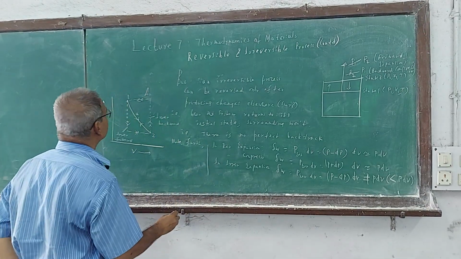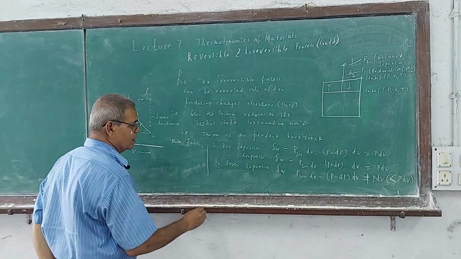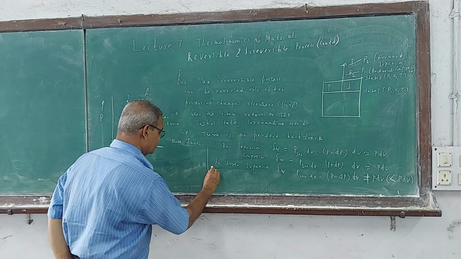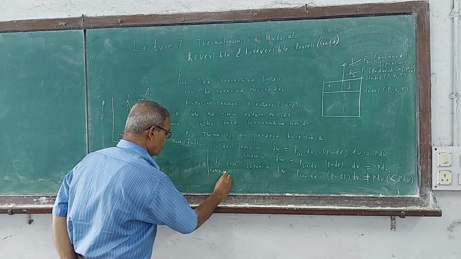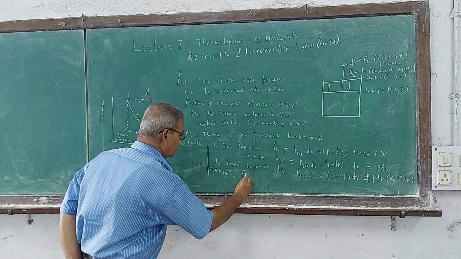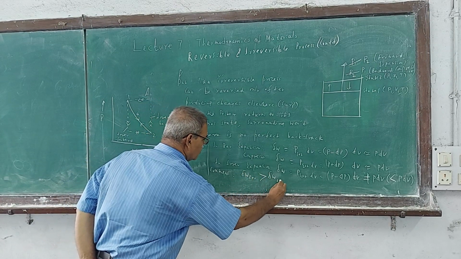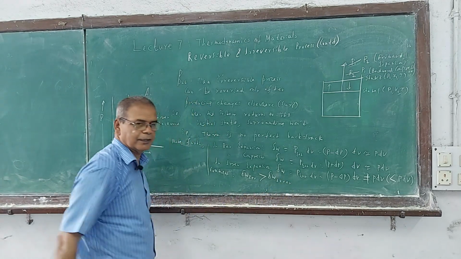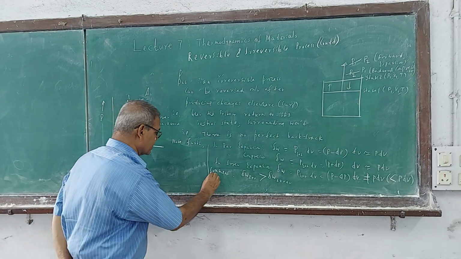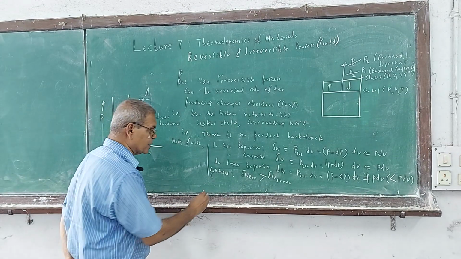I will tell you the comment. Achha, this is okay. So comment: dW reversible is greater than dW irreversible. And comment for expansion, work done by system.